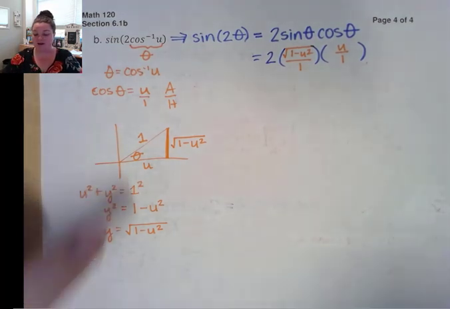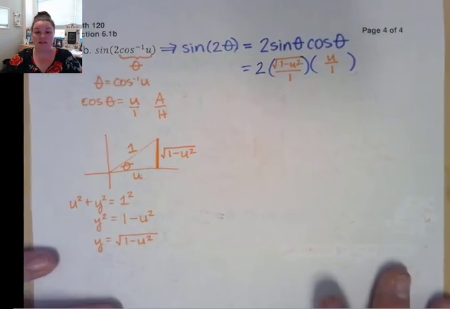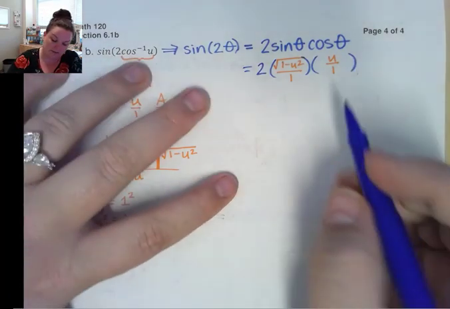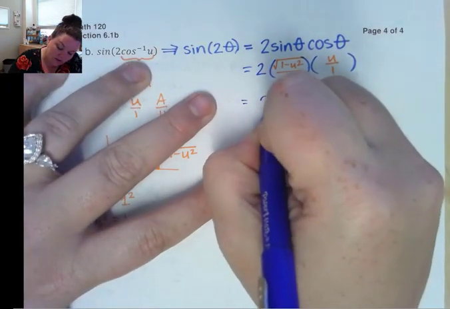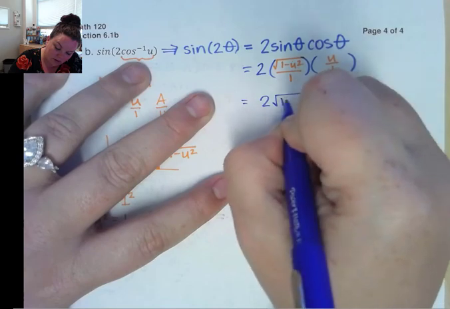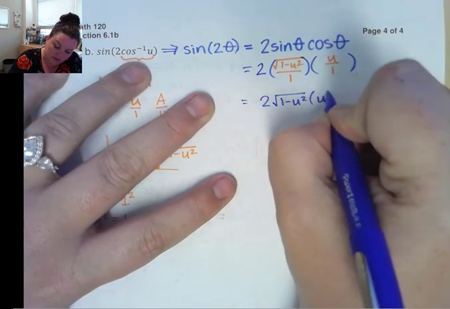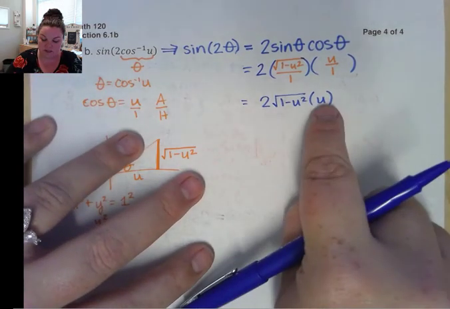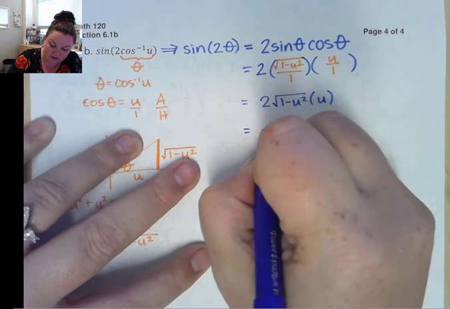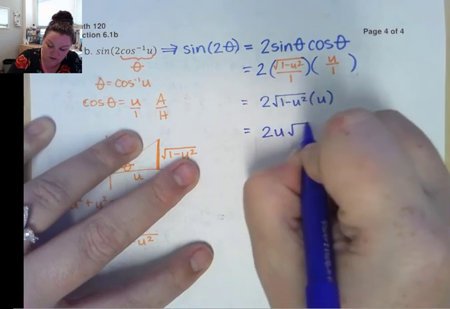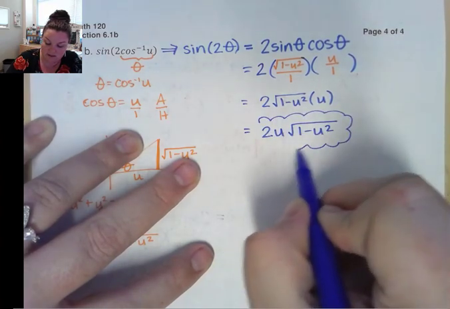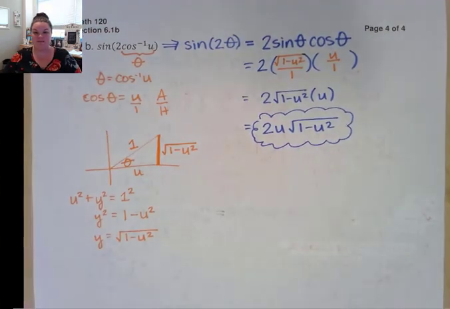And the good thing about this is because everything's over 1, I can just multiply it all out and it's just itself. So if I multiply the whole top, then I end up with 2 square root of 1 minus u squared times u, all over 1, which is just itself. And then I'm just going to rewrite it with this u up here by the 2 so I don't have to have parentheses. So 2u square root of 1 minus u squared. And that's it.